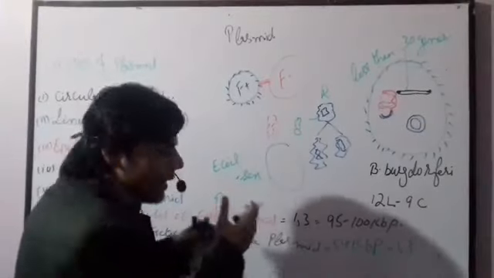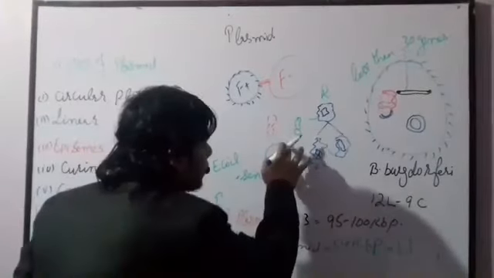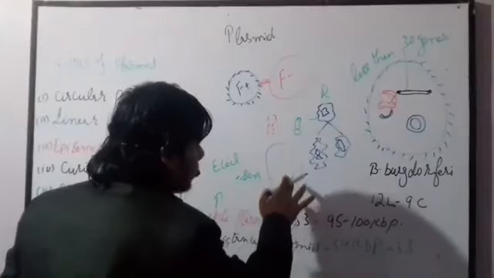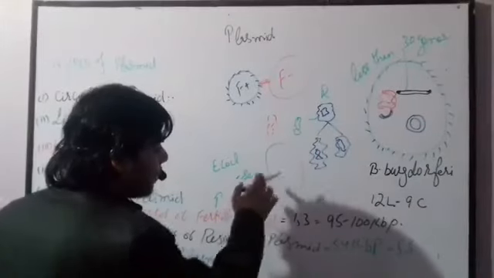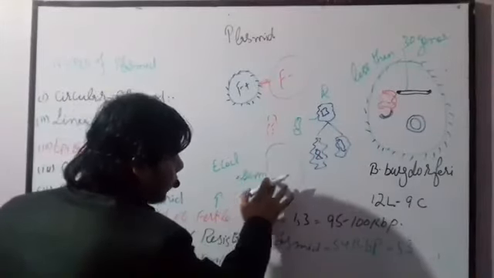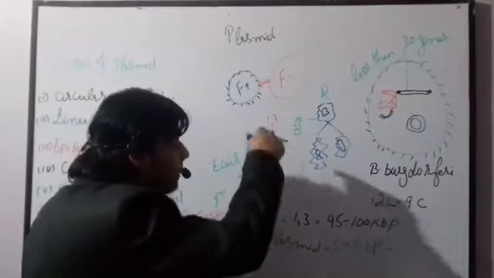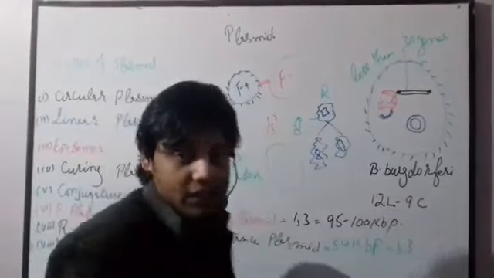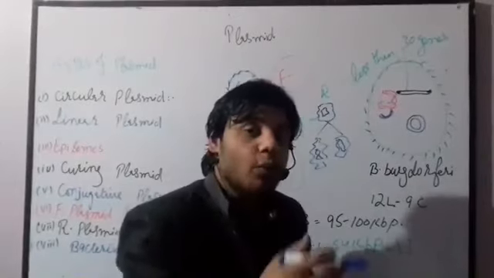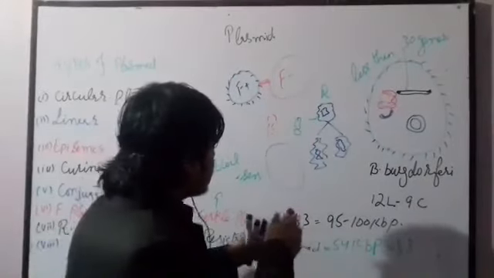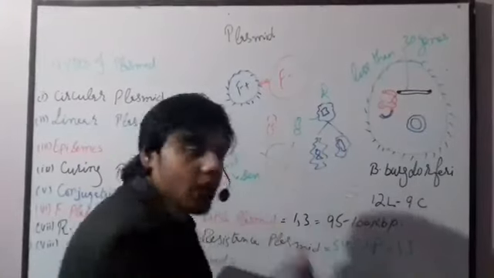So what actually happens? This bacteriocin plasmid produces a kind of protein. We call that bacteriocin. Bacteriocins make pores in other bacterial cells. Once they make pores in another bacterial cell, then such bacterial cell will die.